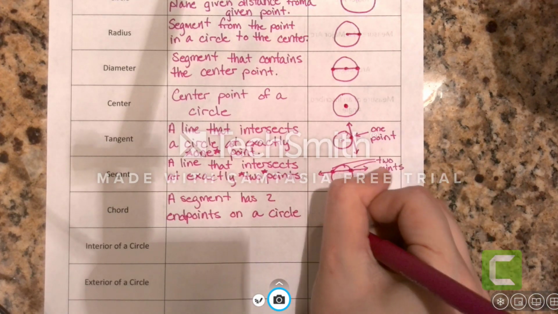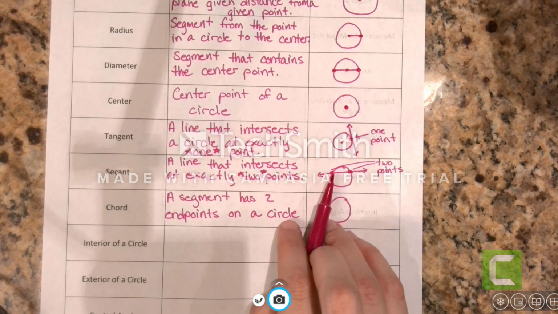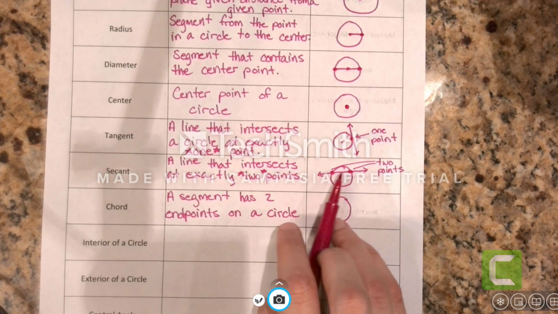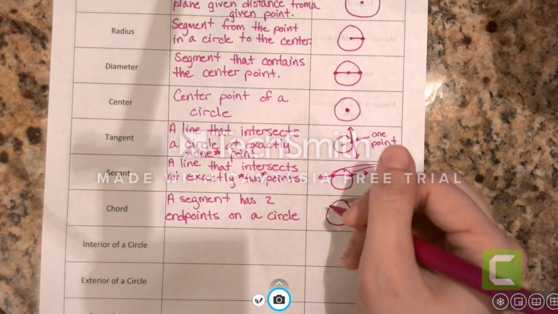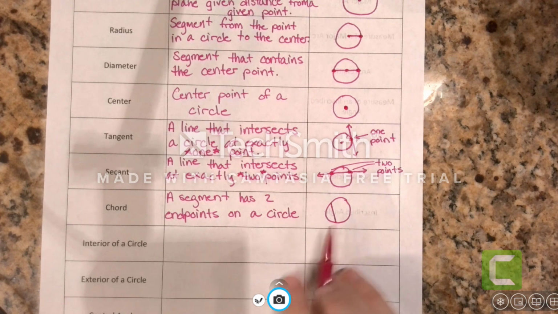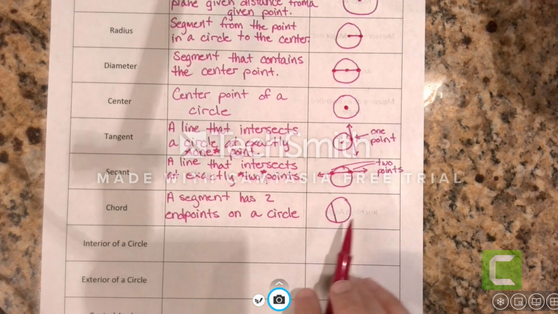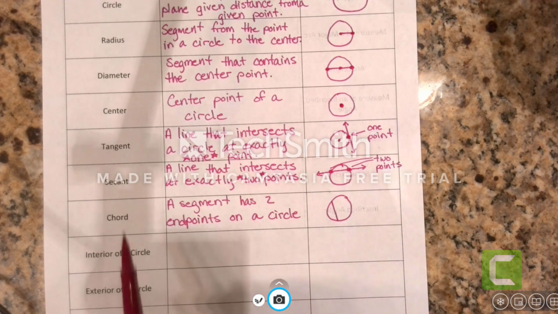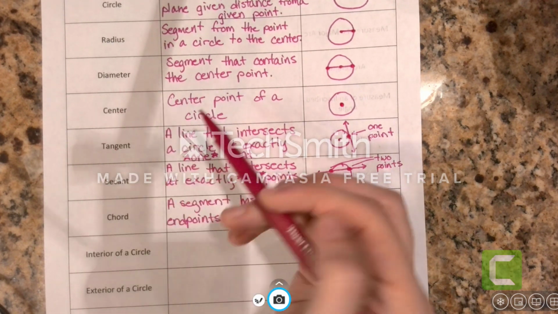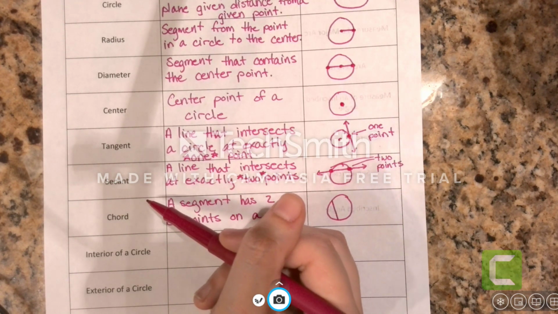So draw your circle once more. And kind of like how you did for the secant up here, do the same thing, but since it's a segment, we will not be drawing these extended arrows. So I will draw it like this. Notice that's kind of off a little bit, not exactly perfect, because a chord can be a diameter, but like when we were talking about polygons, the diameter cannot be the chord.